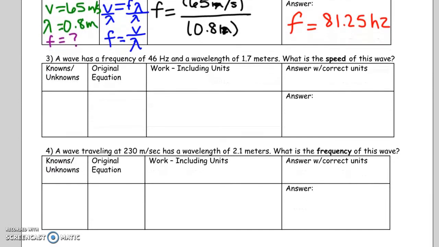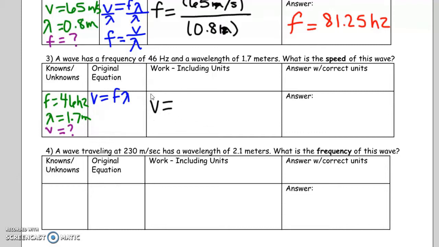Question number 3 says a wave has a frequency of 46 hertz and a wavelength of 1.7 meters. What is the speed of this wave? So there again, I've got my knowns and my unknowns. I start off with my equation v equals frequency times lambda, and velocity is what I'm looking for, so I can just leave it just like that.